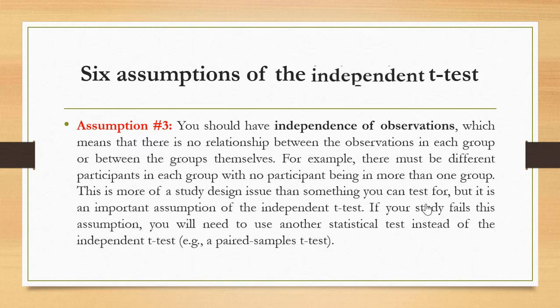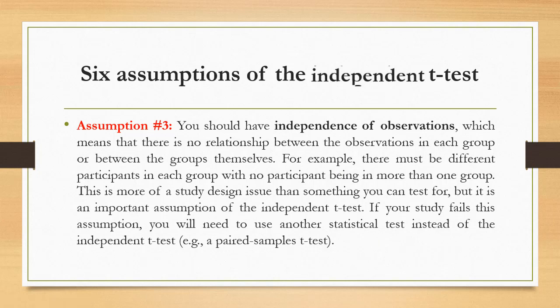Assumption number 3, you should have independence of observations. That is, each sample should have different individuals; one individual should not participate in 2 samples. Otherwise, you are going to need the paired samples t-test. For example, if you conduct a pre-test and post-test, you have the same individuals, but their performance varies from the pre-test to the post-test.